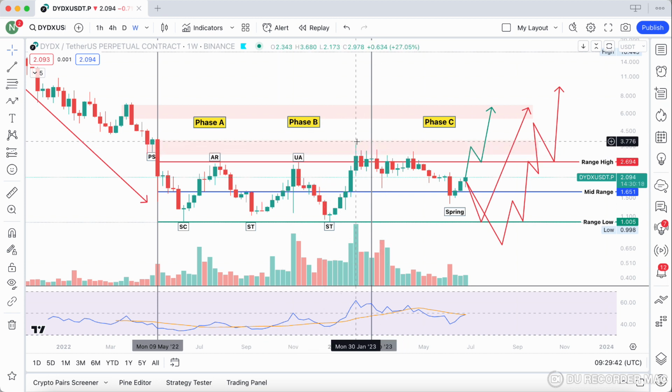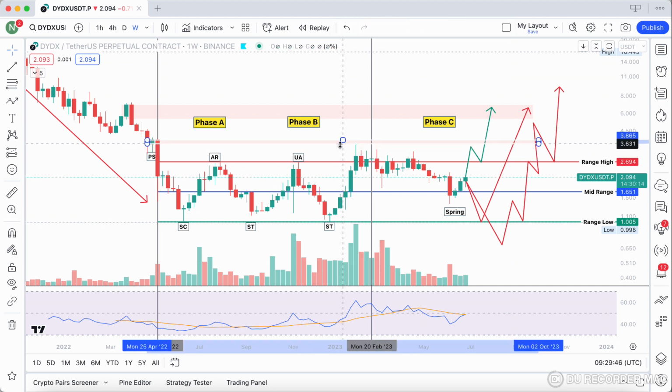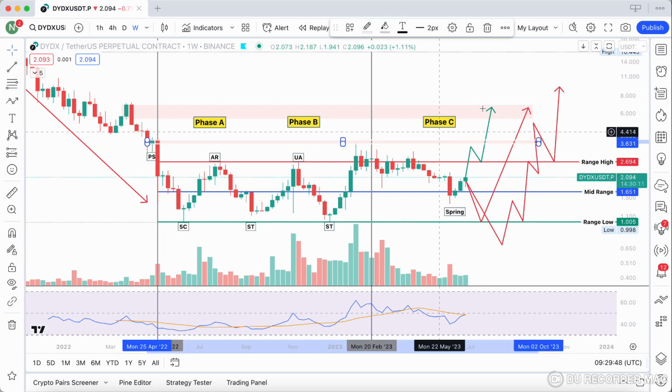Okay, you see, it was depleted almost completely. And if we see DYDX get back down and test the range high as support, then you know that the Wyckoff accumulation schematic is finished, and the market makers of DYDX are going to take it higher.